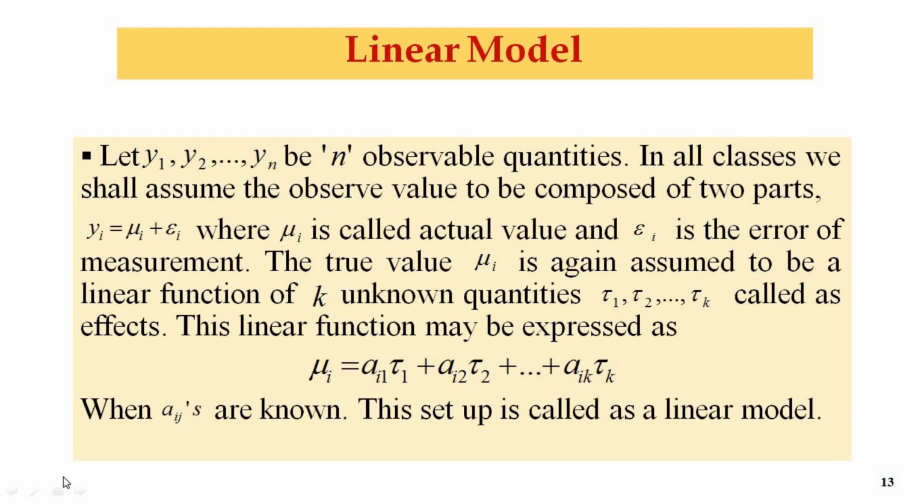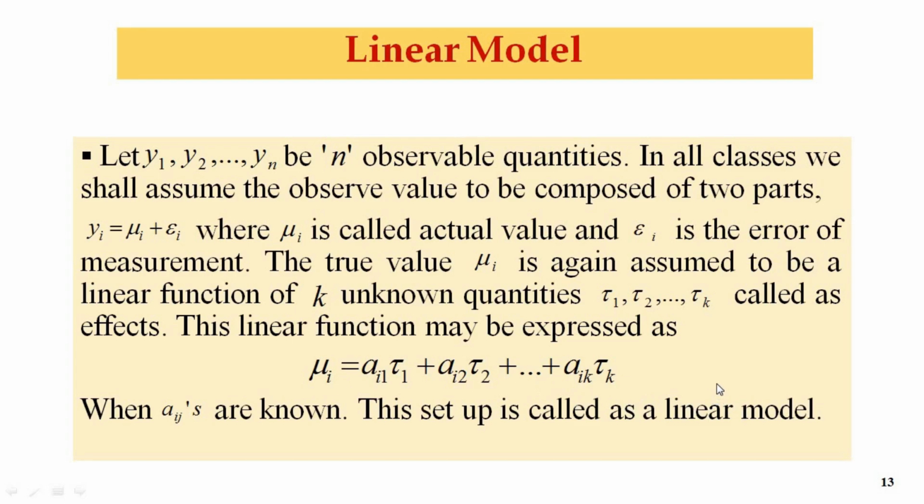Now again, from this linear model, we made two assumptions. Here tau i goes from 1 to k. These tau i's are constants, and the epsilon i's are independent random variables with expectation 0. This type of model is called a fixed effect model.